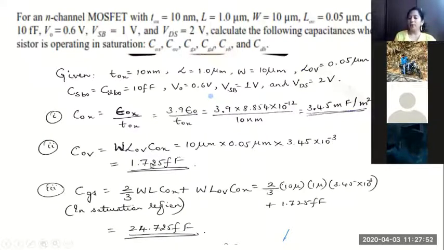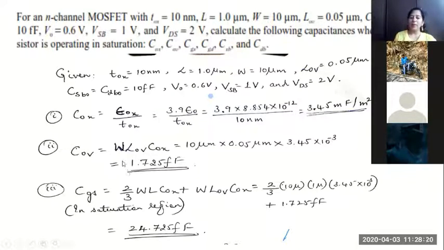We have already computed this. So you just need to compute 2/3 times W, the width of the channel, 10 micrometer, L, the length of the channel, 1 micrometer, and COX, the oxide layer capacitance we have already computed, 3.45 millifarad, plus COV, which is 1.725. So I'll get, you see, this is a considerably large value.